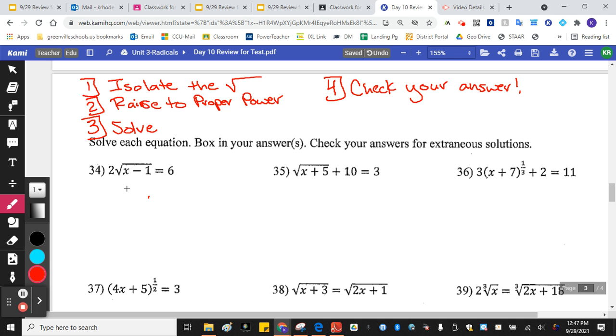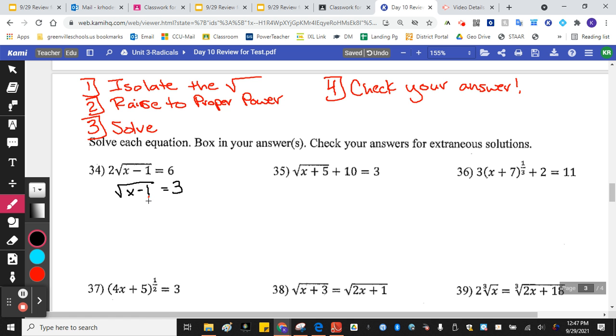Okay, so get the square root, or the radical, by itself. So we have to get rid of the 2. Divide by 2. Oh, that's even. Well, guess we're doing it. All right, raise to the proper power. This is the square root.